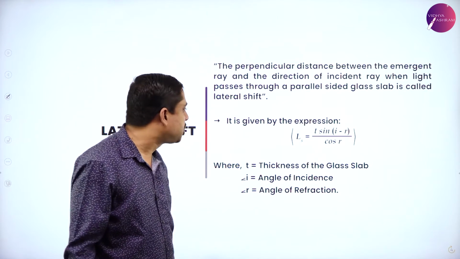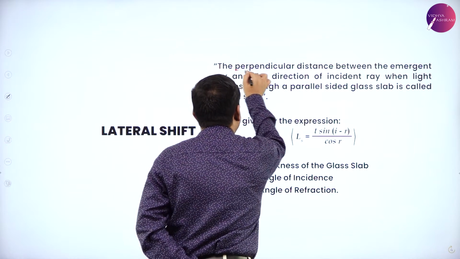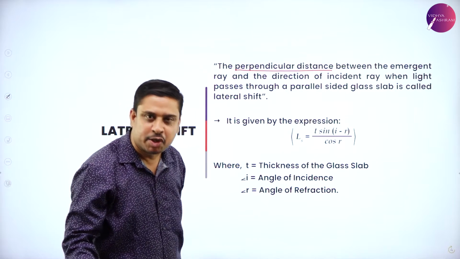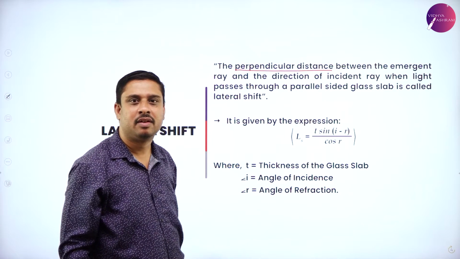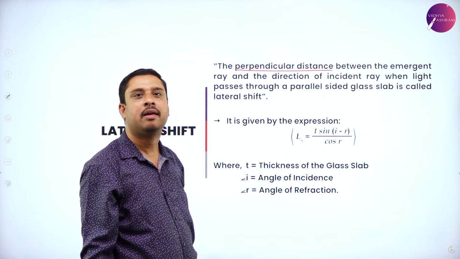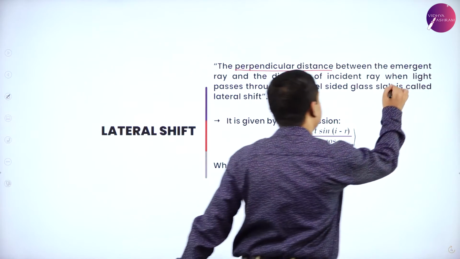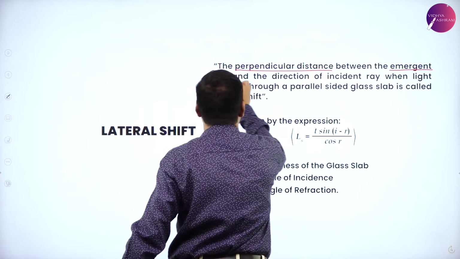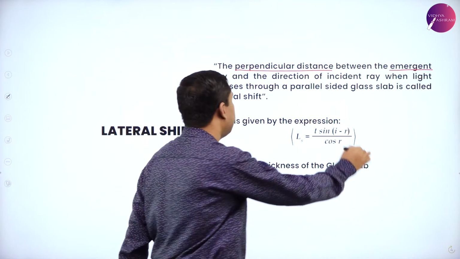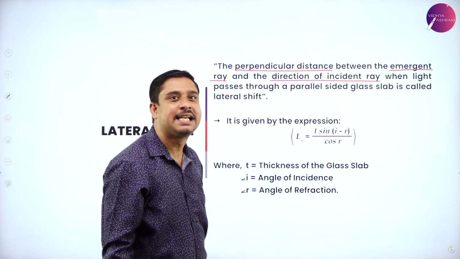So by definition, lateral shift is the perpendicular distance between the emergent ray and the direction of the incident ray.